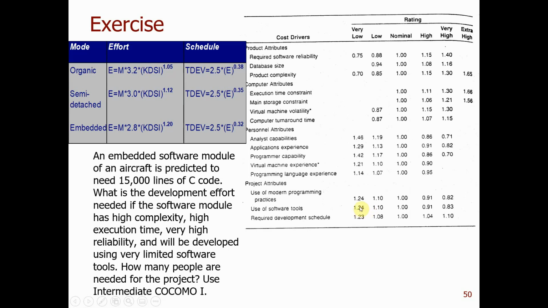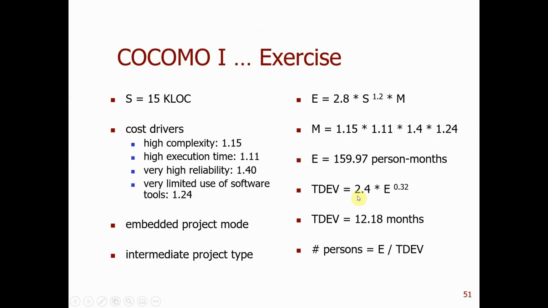So looking at the table here, we take very high reliability 1.4, high complexity 1.15, high execution time constraint 1.11, and very low use of tools 1.24. You multiply these 4 together and get M. You have the M, you have the E, so you bring them into the formula and do the calculation.